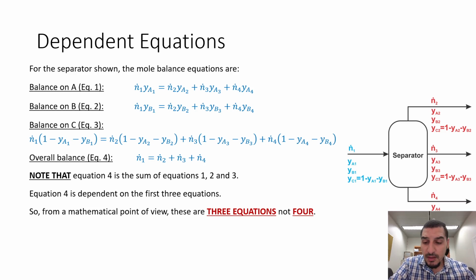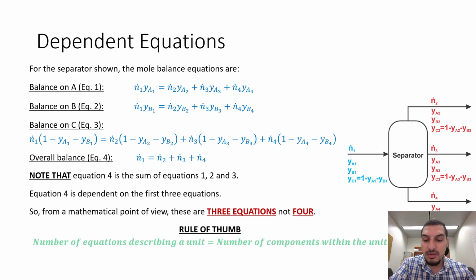The rule of thumb is that the number of independent equations that describe a unit is equal to the number of components. Here we had three components, so we had three equations. If you have five components, you have five independent equations. If you have two components, you have two independent equations, and so on.